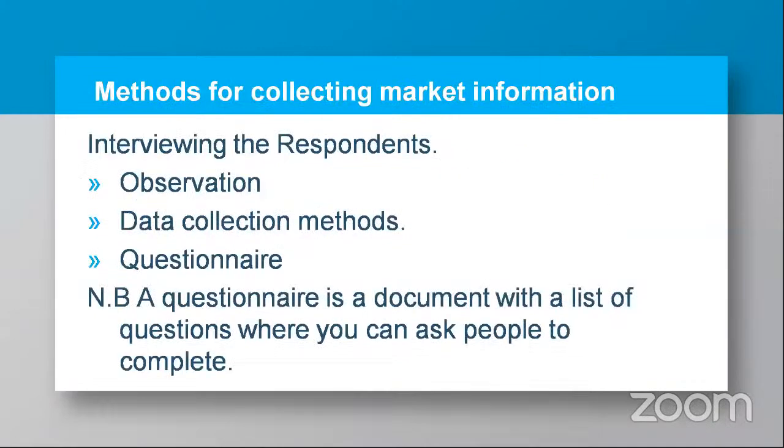So then we move on to the methods for collecting market information. Some of the methods we have looked at, one of them is interviewing the correspondents. Here it can be under observation.